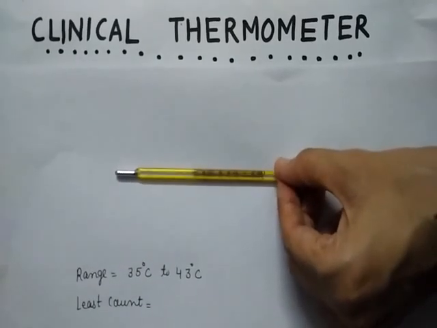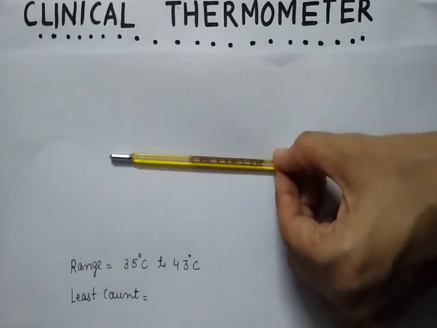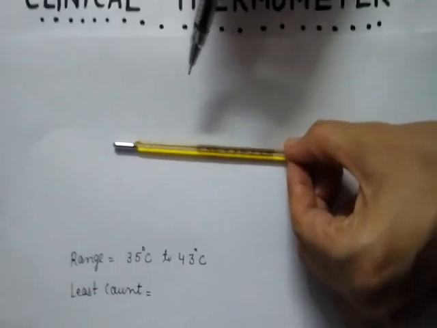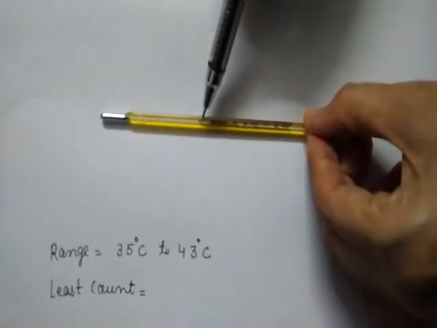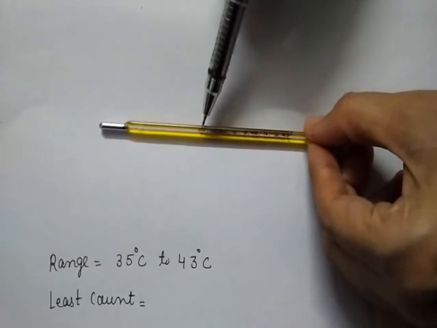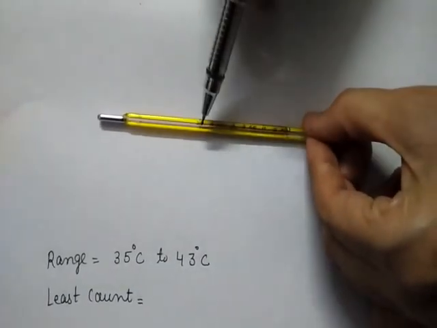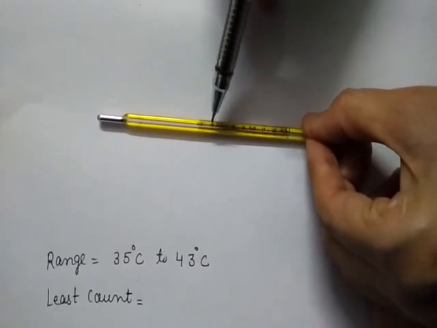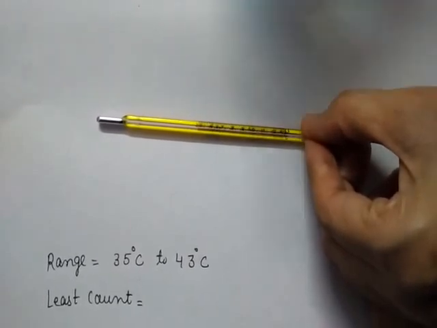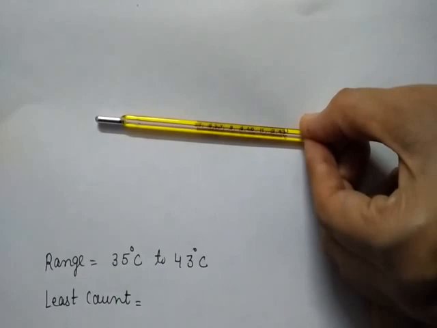Now let's find its least count. For the least count, we have to take two marked readings. So I am taking 35 degrees and 36 degrees as the two marked readings, and we have to count the number of divisions between these two marked readings. There are 10 divisions between 35 and 36 degrees Celsius.